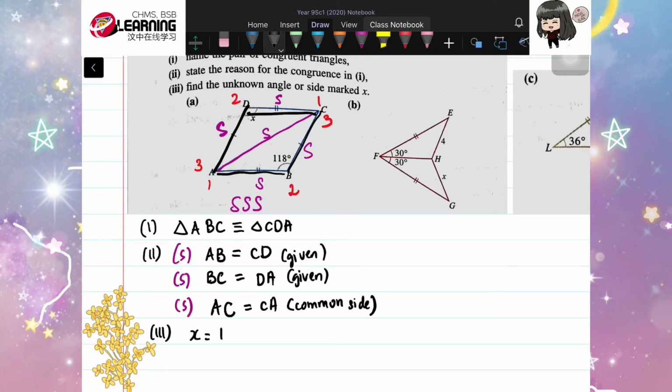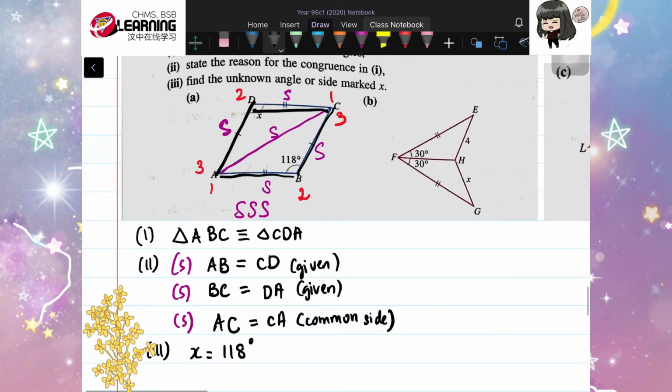And part 3, find X. So your X here is equals to 118. Why now we can say that they are the same? Because we already proved that they are congruent. Because we already proved these three, SSS here, they are congruent. So therefore, we can say that X is equals to 118.